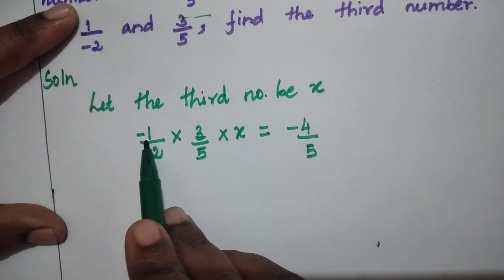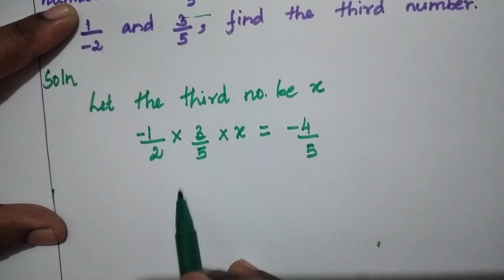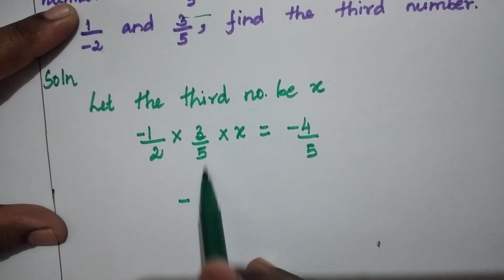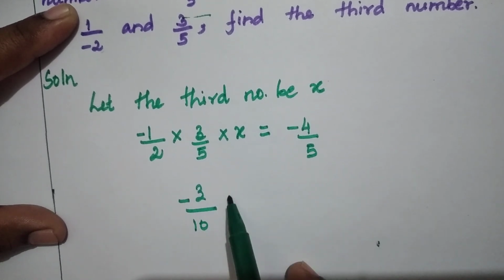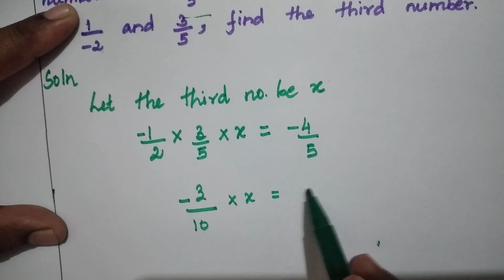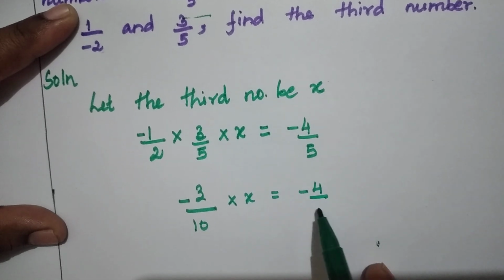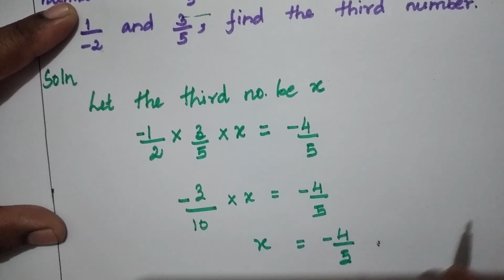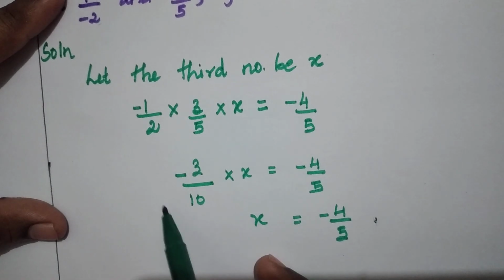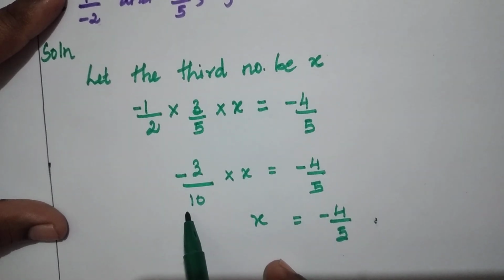You can simplify this one. Minus into plus is minus, 1 3 is 3 divided by 2 5s are 10 into x is equal to minus 4 by 5. So from this x is equal to minus 4 by 5. Here this minus 3 by 10 is in multiplication.